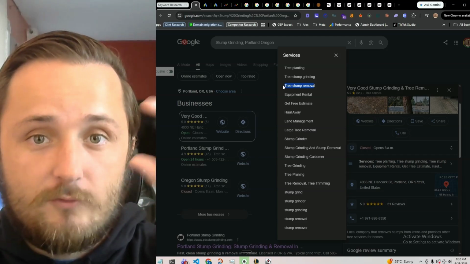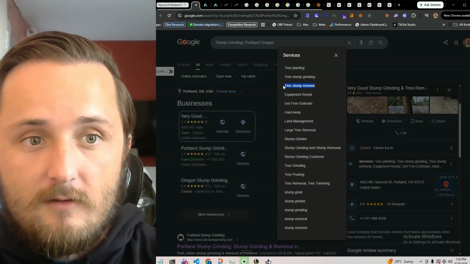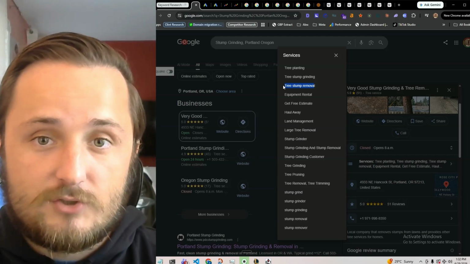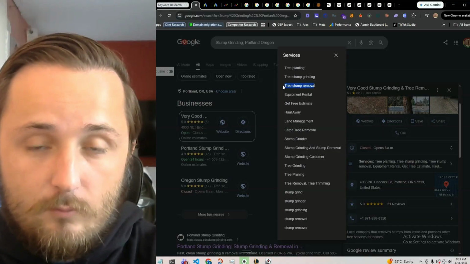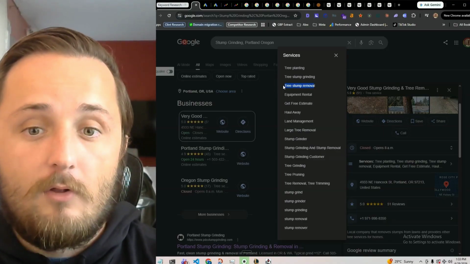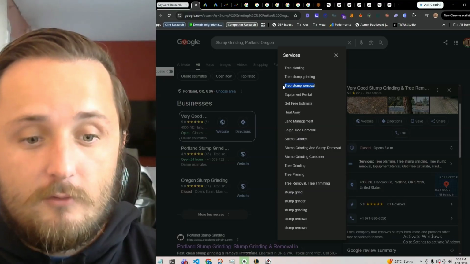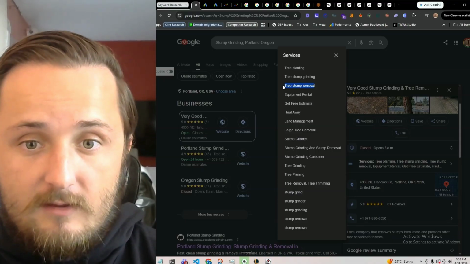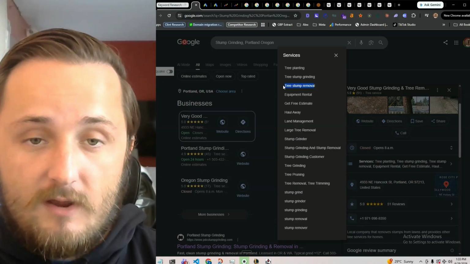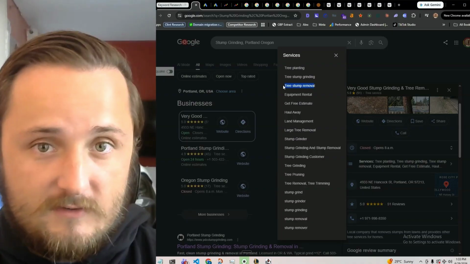This not only shows Google, hey, because we have all of these relational words to the top level keyword, we're about this keyword, it will also help us show in search when someone goes into Google and types in these keyword variations, right? Because not everyone searches the same.